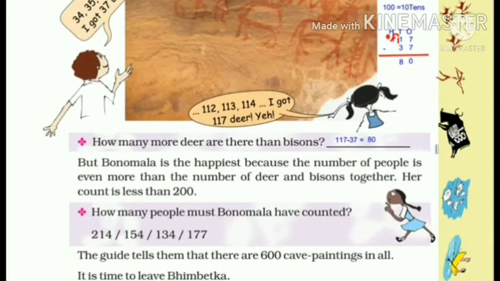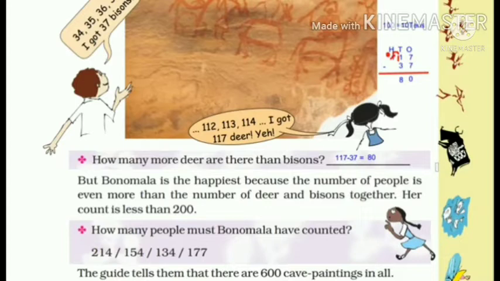But Bonamala is the happiest because the number of people is even more than the number of deers and bisons together. Her count is less than 200. So here, how many people must Bonamala have counted?